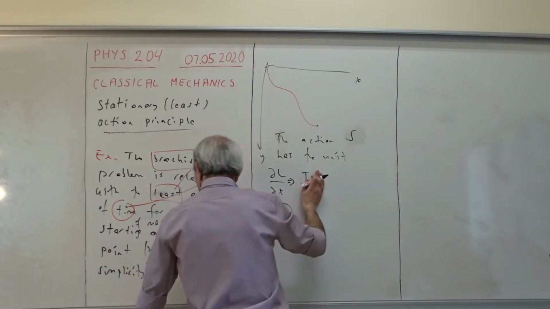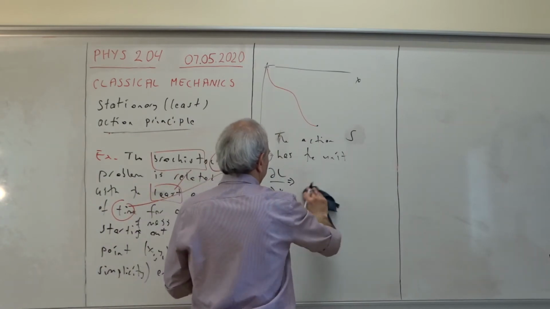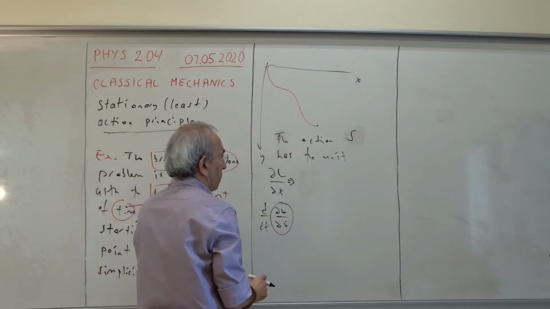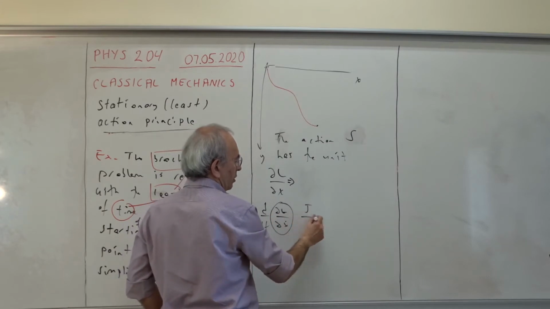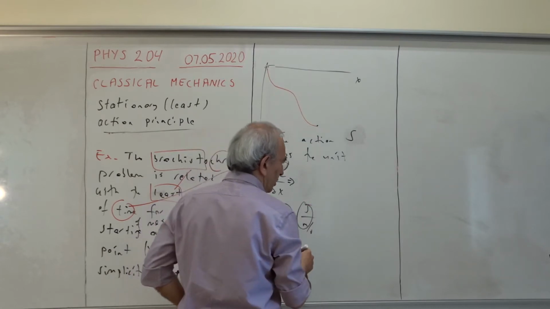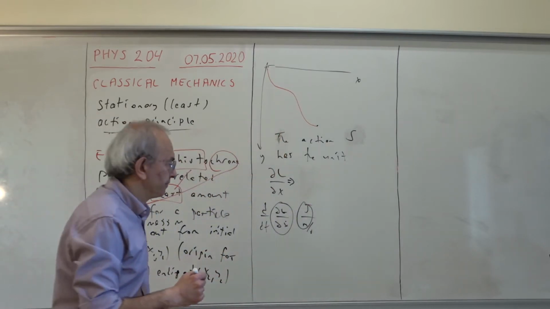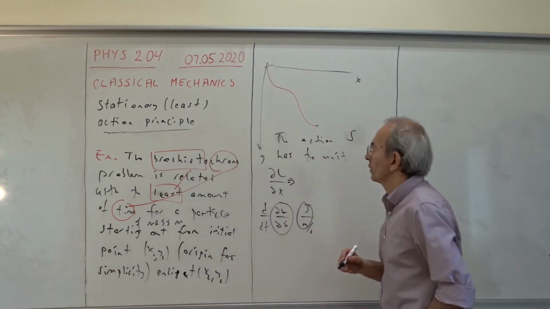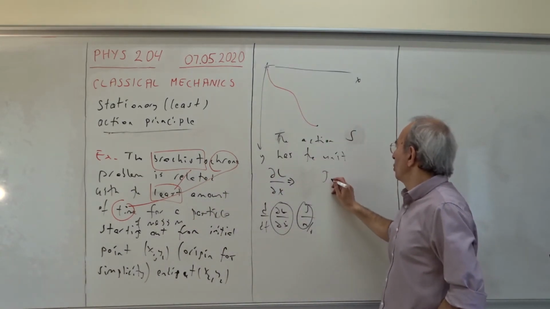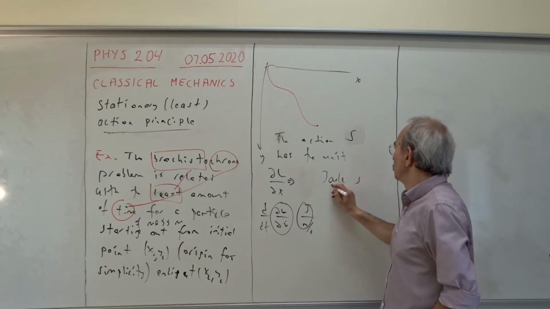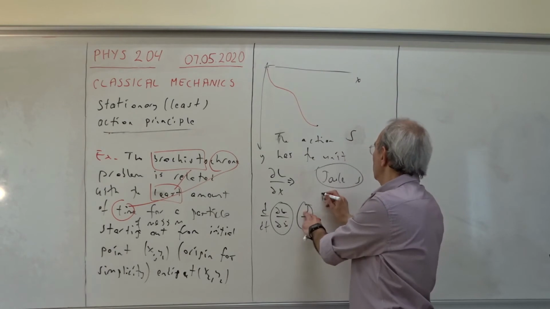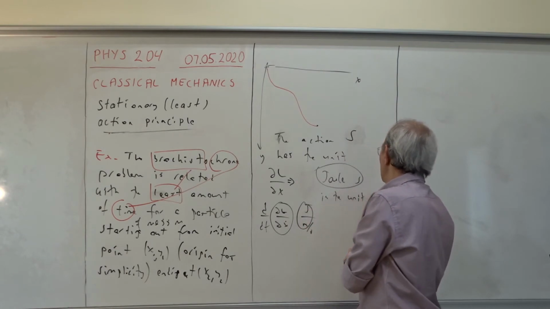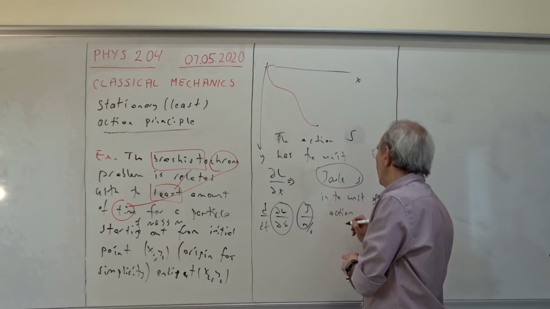So we can write it as energy per meter per second times second. So this is the corresponding quantity. Joule second is the unit of action.